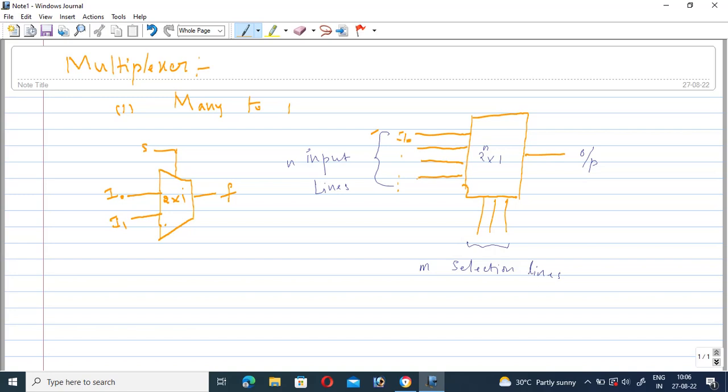So the selection line decides the number of input lines. In this 2 by 1 multiplexer, this is the graphical symbol.